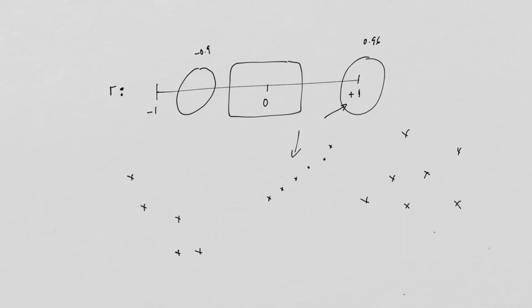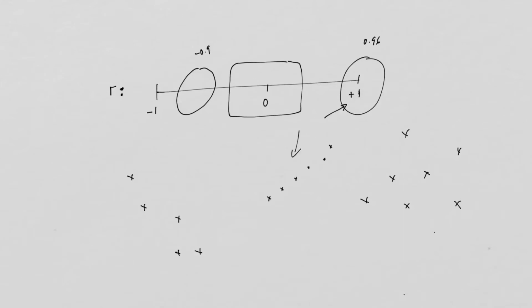If you know that the scatter plot looks like this, you know that R is somewhere in here, maybe negative 0.9. And for this one here, maybe 0.96 or something, right? And you also know that if the scatter plot looks weird like this, most likely R is somewhere in here.